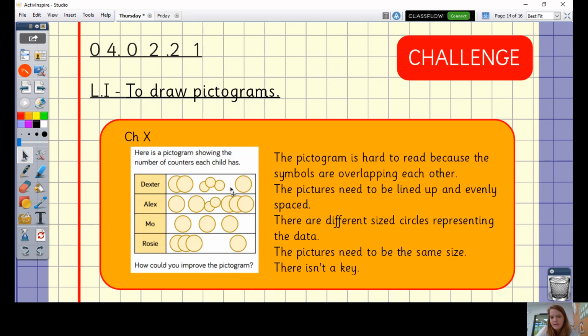So some of those circles you can see are really small, some of them are much larger. So the pictures need to be the same size, and there isn't a key. So we need to make sure that for every pictogram we draw, there is a key. Okay, so those are just a few things I thought that could be improved with this pictogram, but maybe you were able to think of some other things as well.